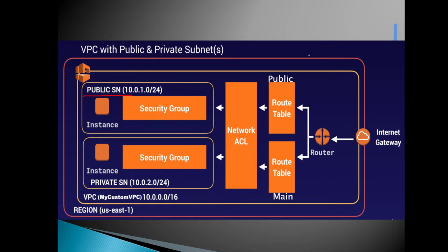So how will it connect? We are going to connect to this EC2 machine, the public EC2 machine. From here, we are going to navigate to the private EC2 machine. For that, we are creating a security group. So in the security group, we are not opening the port for all the IPs. We know that this is the only IP range through which we want to allow the connection.